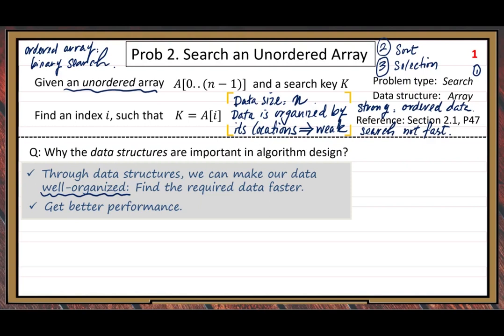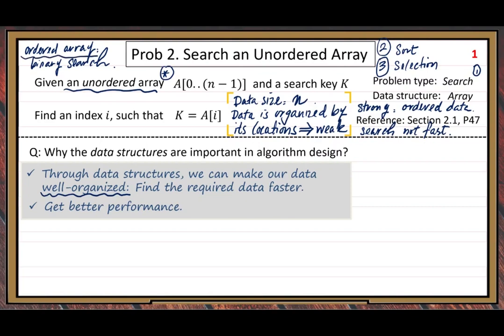Another important thing you need to pay attention to is that in real world situations, you need to be very careful when you decide whether to apply sequential search or binary search. You need to look at your data. Is it an unordered array or an ordered array?